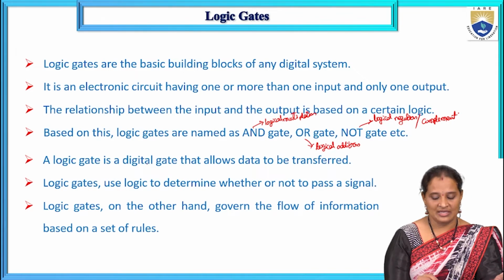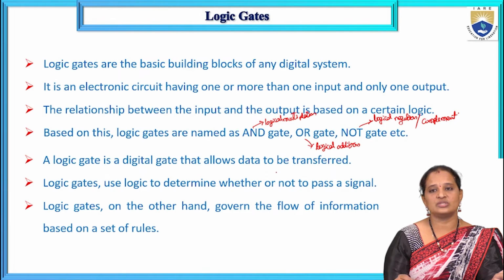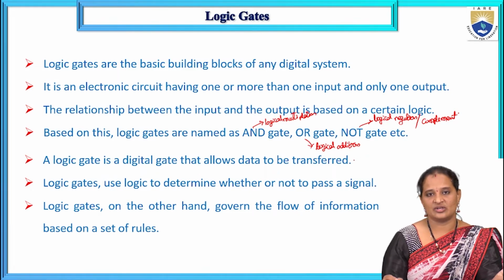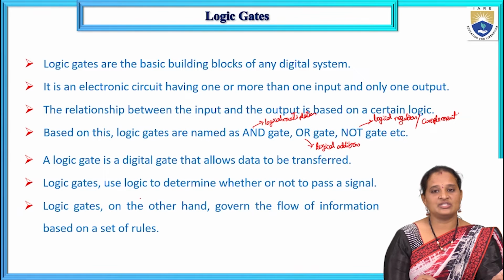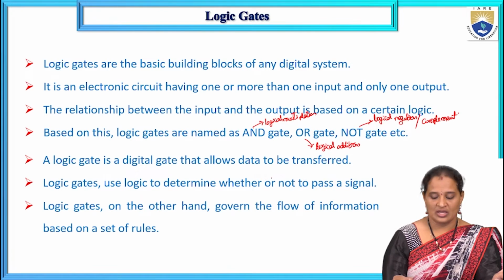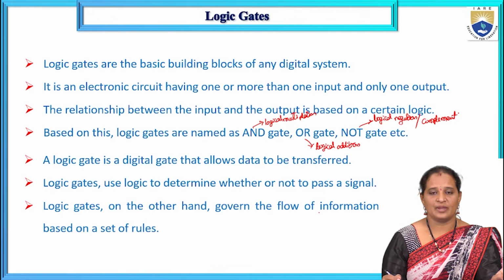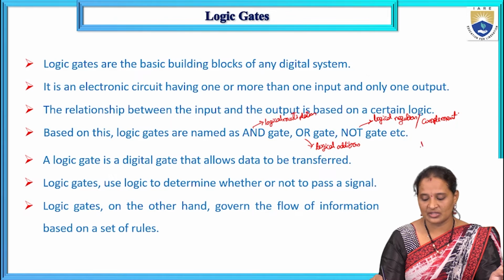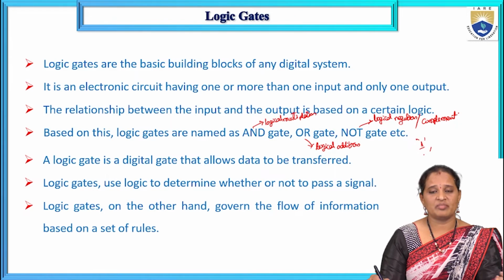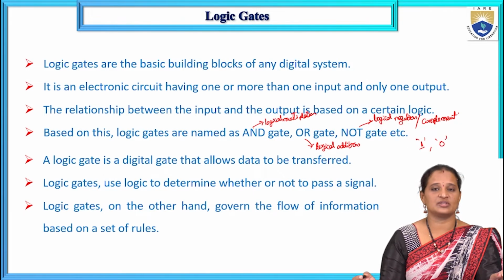A logic gate is a digital gate that allows data to be transferred. Logic gates use logic to determine whether or not to pass a signal. Passing a signal means the output of that particular circuit is 1. Not passing a signal means the output of the gate will be 0.